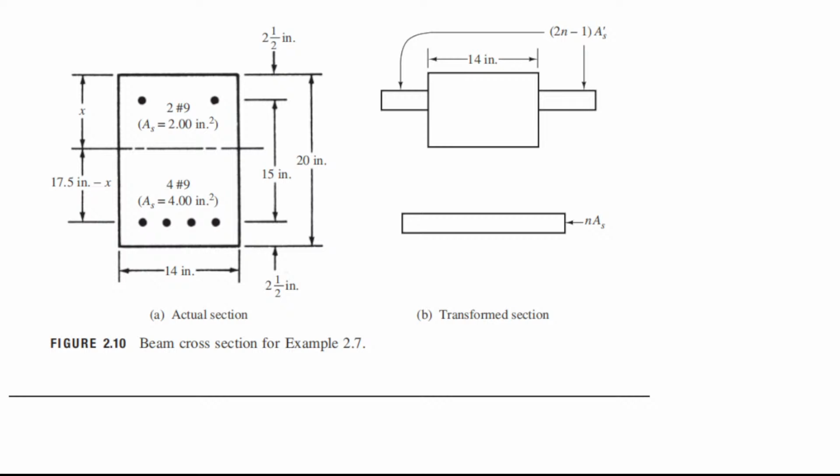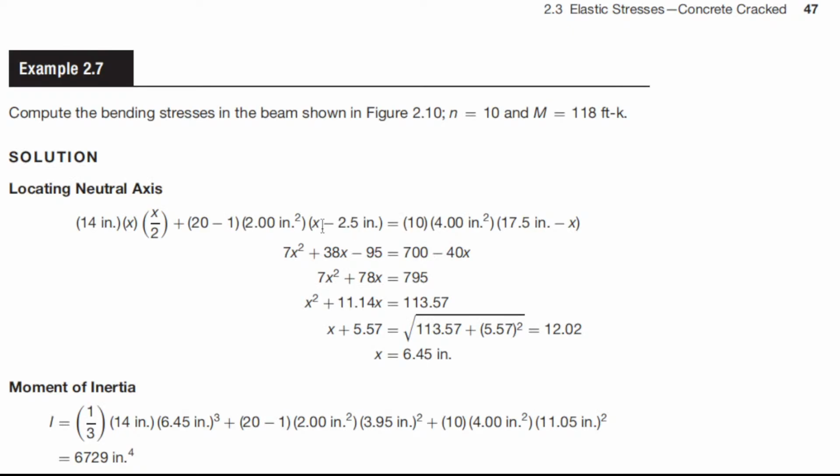This whole thing is the area of the top bar reinforcement, multiplied by 2n minus 1. So that is for the compression side.